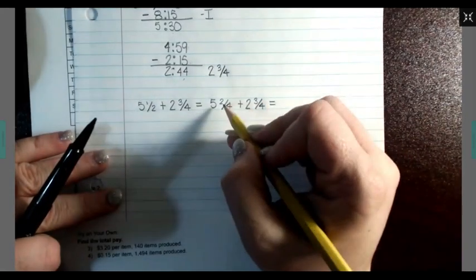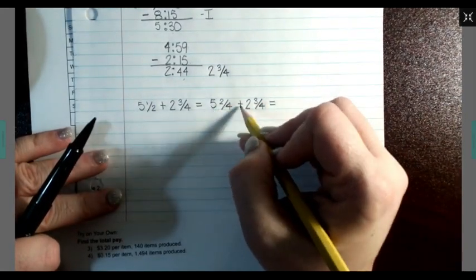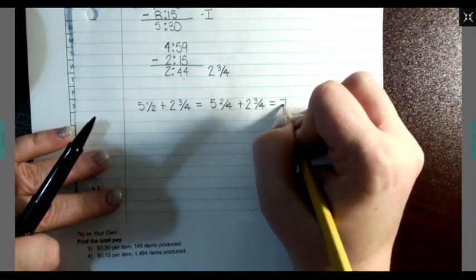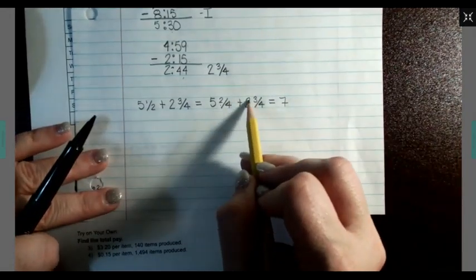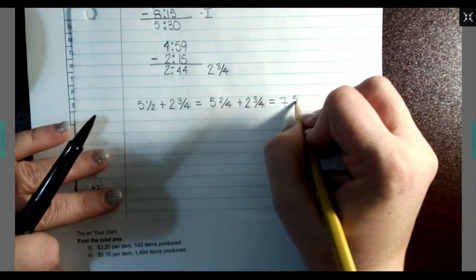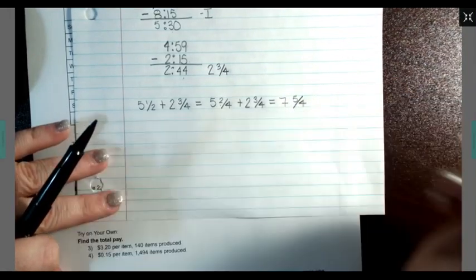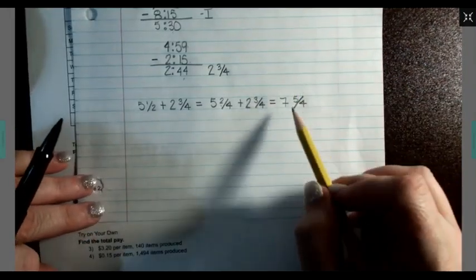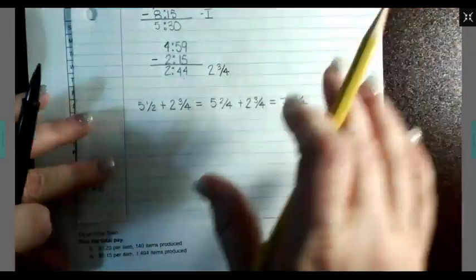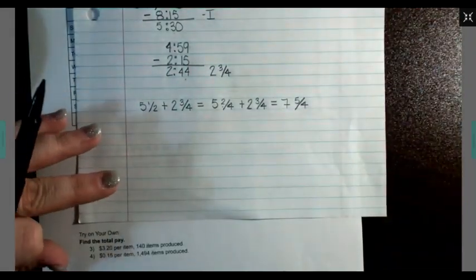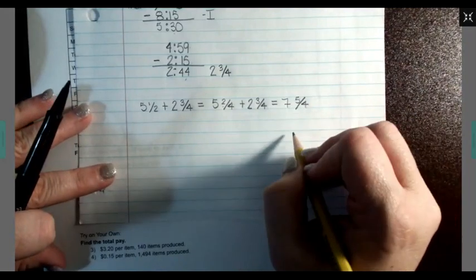Okay, can we add them together now? Yes. Let's go ahead and add our whole numbers. 5 plus 2 is 7. Numerator plus numerator makes that 5. And the denominator stays the same. I came up with this same situation as in that last example, where 5 is bigger than 4.